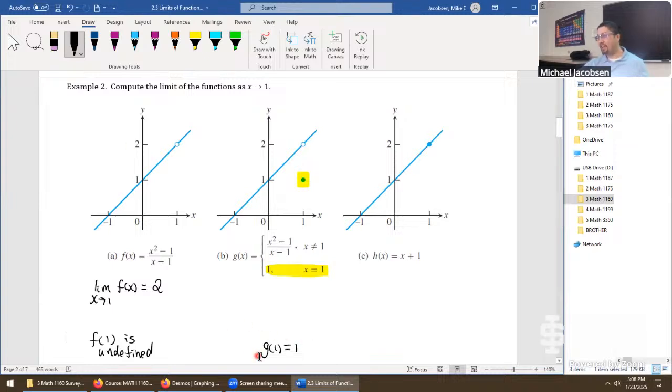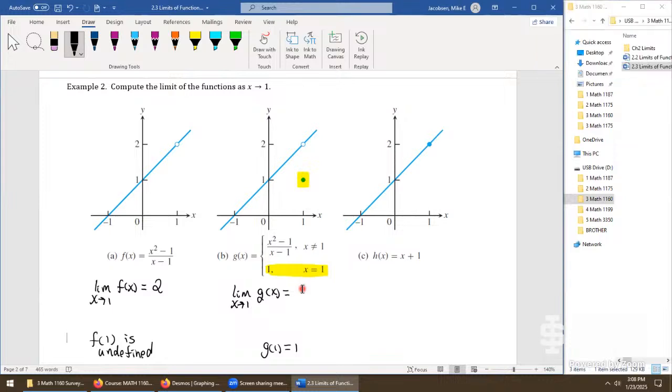Our goal is not to calculate g of 1. What we really want is the limit as x tends towards 1 of g of x. Any volunteers to say what this limit ought to be? It's 2, right?